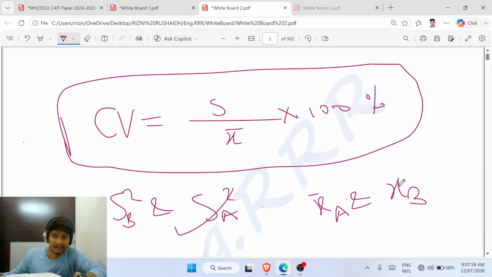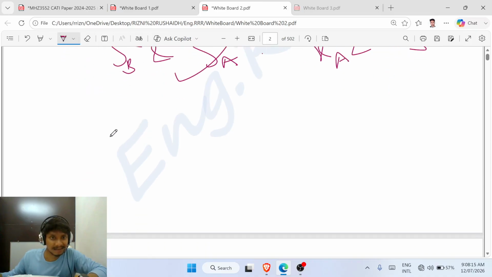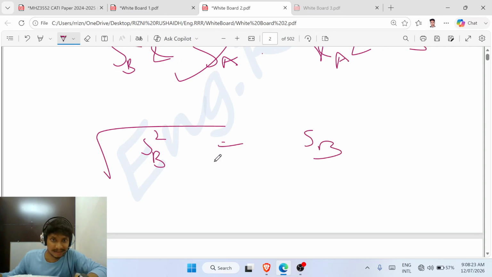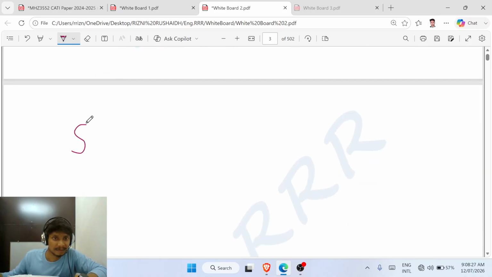We can use this X̄A and X̄B for X bar. What we have to find is S_B and S_A. How do we find S_B and S_A? Just take the root. The root of S_B squared is equal to S_B.